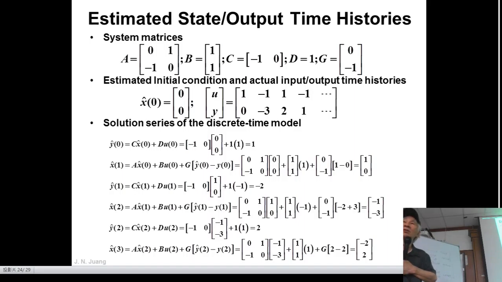This is what we call the deadbeat gain. That means in a certain number of time steps, you get exactly the same as your true one. Of course, we assume here we don't have any error. We don't have any measurement error. We assume A, B, C, D are perfect, which won't be the case in the real world.